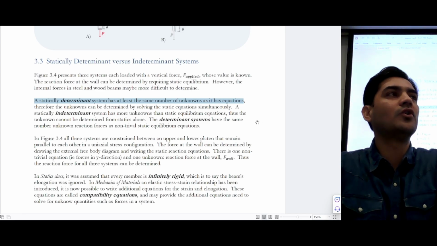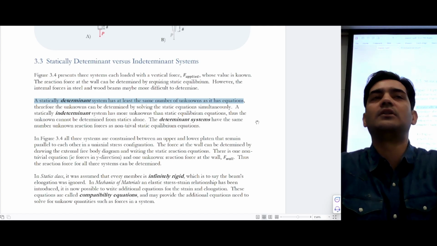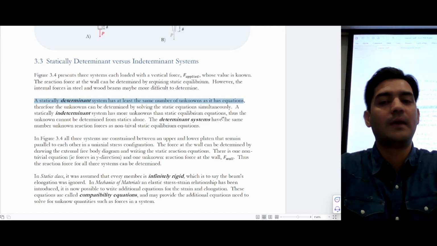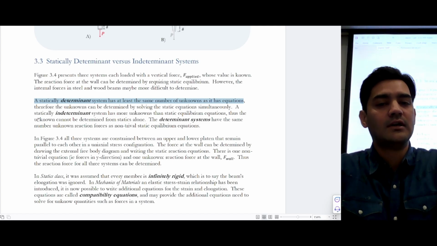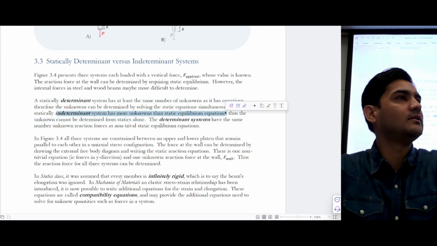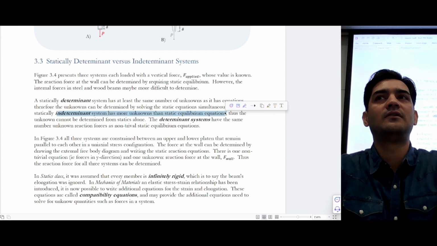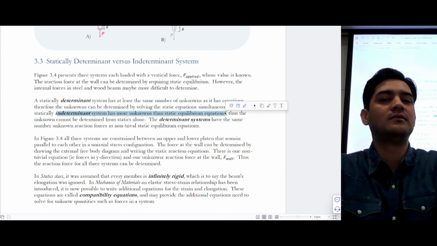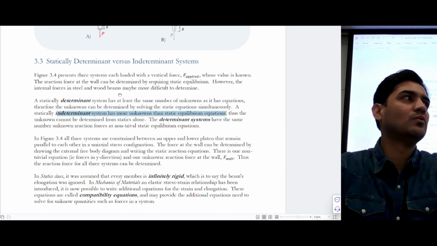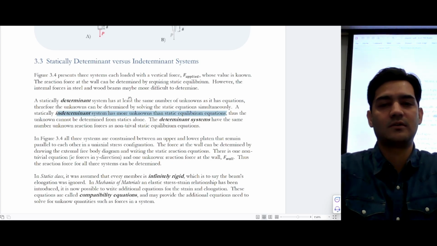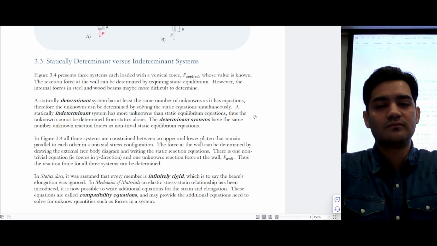But if you cannot solve all the reaction loads by using equilibrium equations alone, then this type of system is called an indeterminate system. And I think in statics, you have studied a bit about what a determinate system and an indeterminate system are.